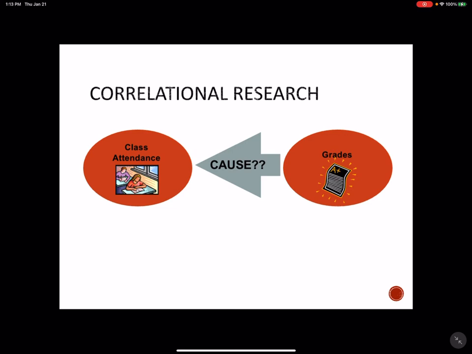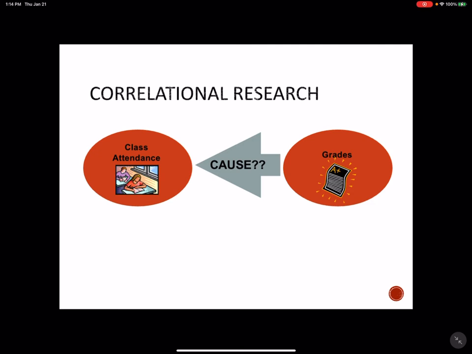It's a bit of a stretch, but when we're working with variables that are more complex than grades and class attendance, this direction of causality could be possible. It could be that students who get good grades like class more, and they're more likely to come to class. Seriously, it could happen. I know classes where I've gotten bad grades, and I hate to go to them.